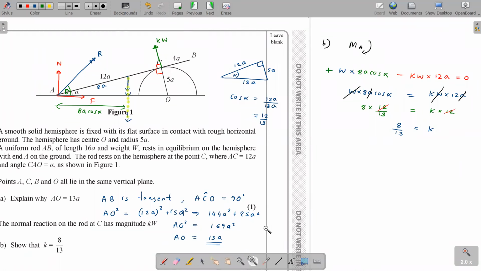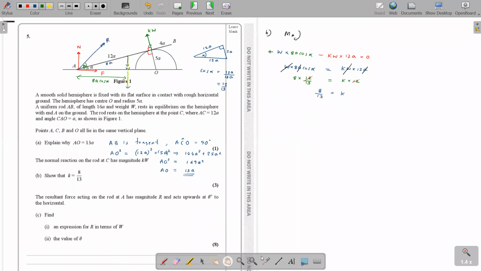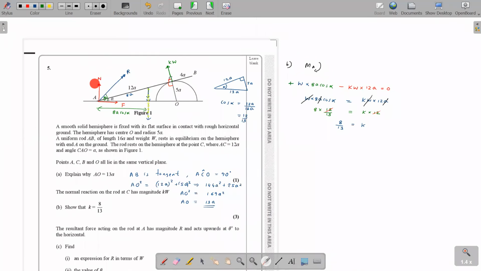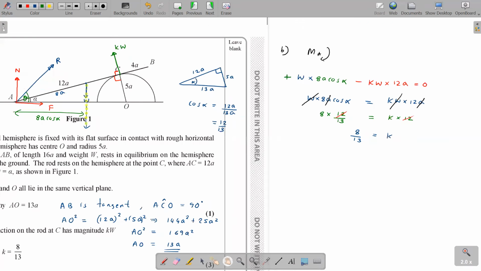Okay. So now they are asking you to find an expression for R in terms of W. You have to find R in terms of W. So to find R, what do I need? Obviously, I need the X component and the Y component here, because when I take the square and square root of this X and Y component, I can find R. So the first thing we need to do here is find the value of N and find the value of F. So how do we find that?